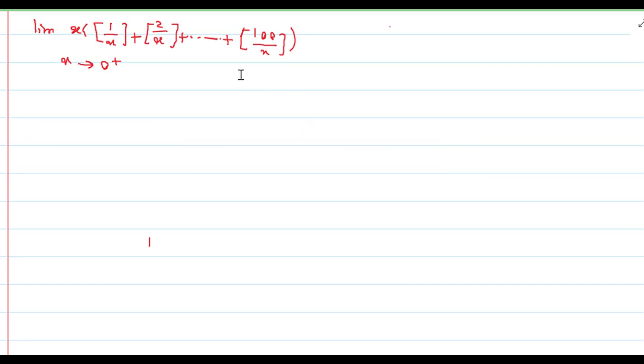Another example here, the limit of x times this term when x approaches 0 from the right side. And now if I suppose that is f, I have to find again g and h which have the same limit near 0 from the right side. So I can estimate this part, the integer part of 1 over x, 2 over x, till 100 over x.